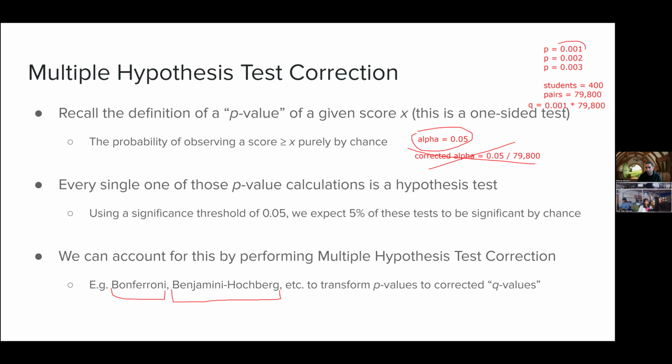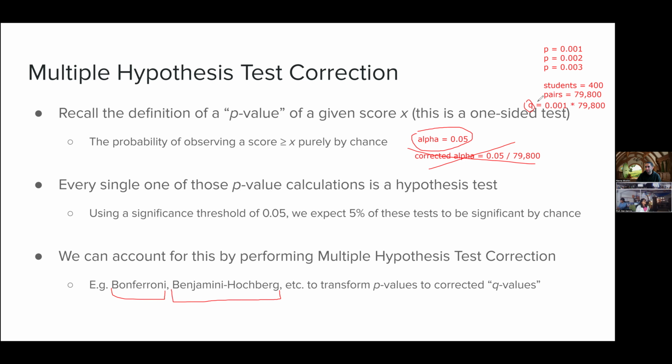How do I transform these raw p-values into a corrected value, which we call a Q value, such that the comparison with my significance threshold is statistically equivalent to if I had done just a single statistical test on my p-value space, if that makes sense?